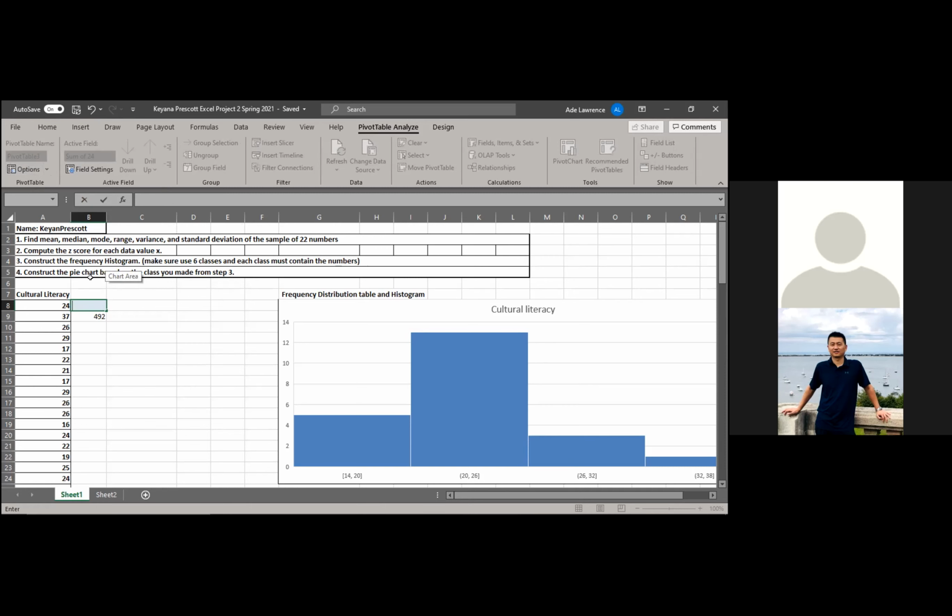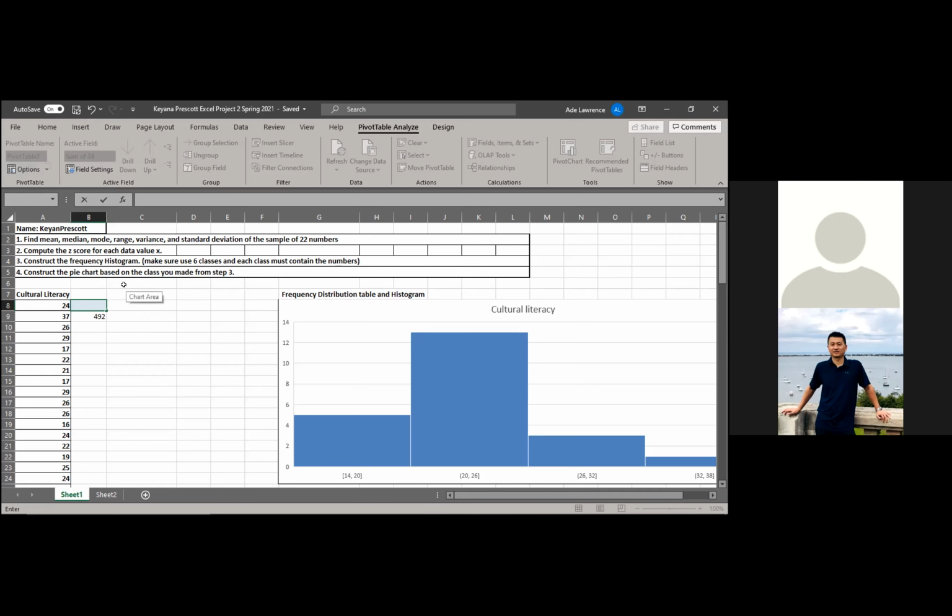Maybe click on PivotTable under options. It won't let me. I think that's a drop-down menu. Now click on options. It won't let me.